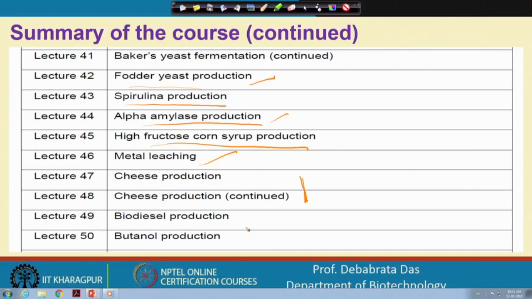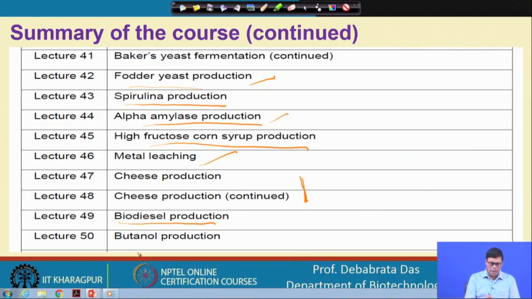Then comes the bioenergy process: biodiesel and butanol. These are important things that are coming into the market, how we can substitute gasoline, or how biodiesel can substitute diesel. For biodiesel, jatropha is largely used for the production.